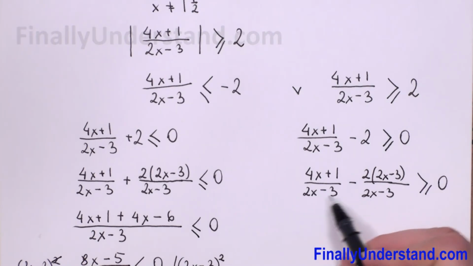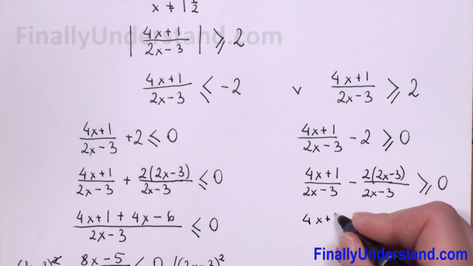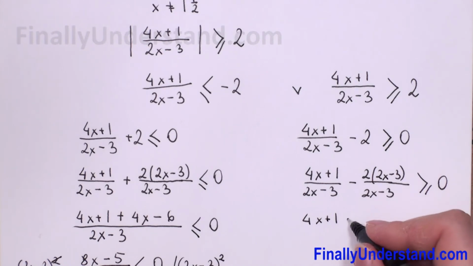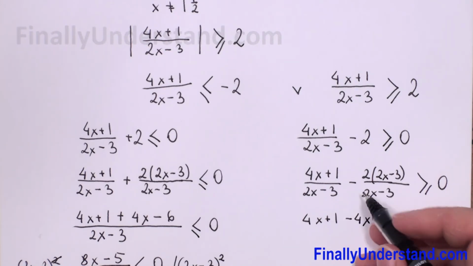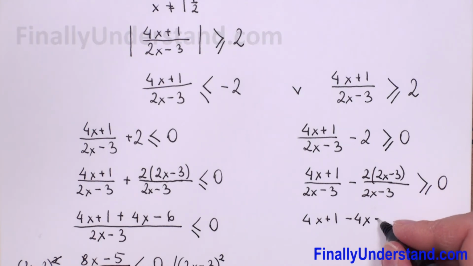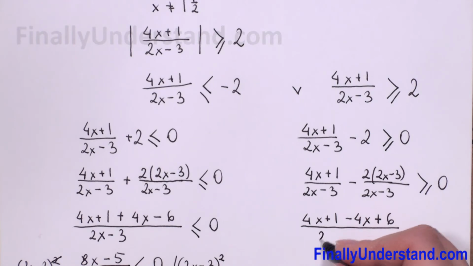Now when we have the same denominator, we can subtract. So we have 4x plus 1 and we have negative 2 times 2x will be negative 4x. Negative 2 times negative 3 will be positive 6 over 2x minus 3 must be greater than or equal 0.